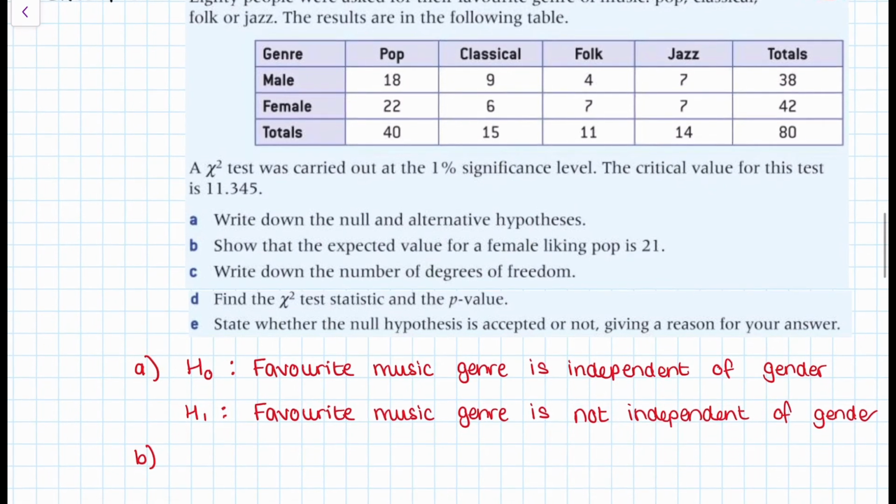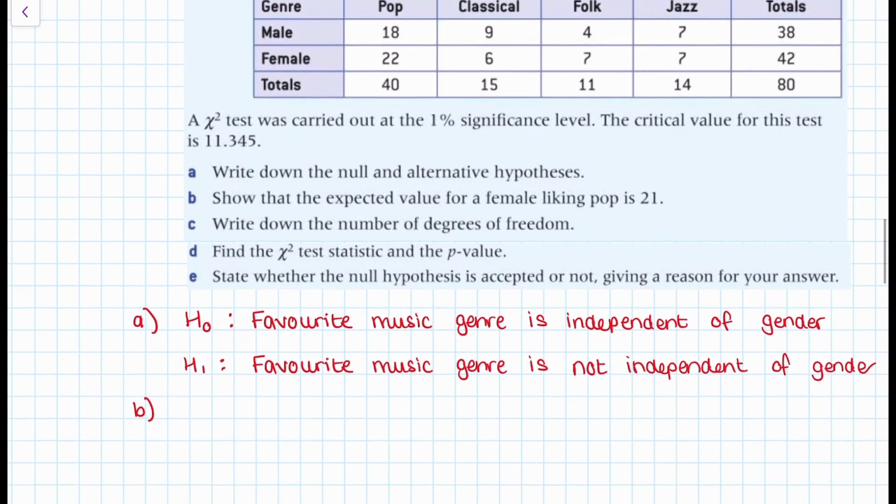B, show that the expected value for a female liking pop is 21. So to do this, what we need to do is we want female and pop. So you take the total for the female, which is 42. Then you multiply that by the total of the pop, which is 40. And divide that by the total of everybody, which is 80.